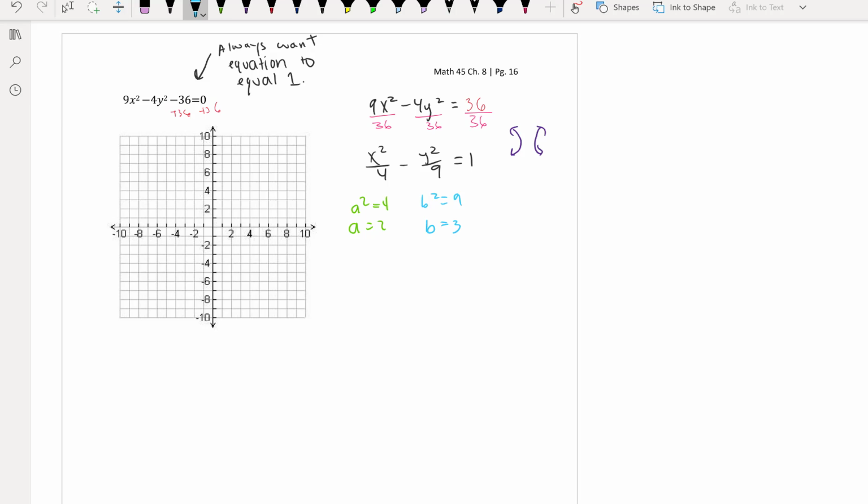And I can also tell you what my center is going to be. The center is at 0, 0. So my center here is at 0, 0. So if I'm going to go along my vertices, it looks like along the x-axis, I go over 2 and negative 2. And along the y-axis, I go up and down from the center, 3.